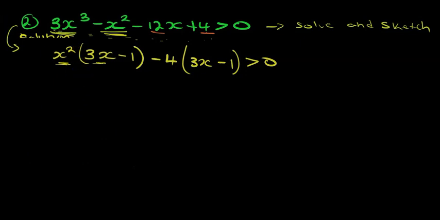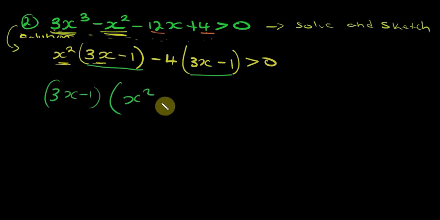Looking at this, we see that 3x minus 1 is common to both these terms. So we can factor out 3x minus 1. We have 3x minus 1 as a factor multiplied by x squared minus 4. Now you say, how did you get that? Well, our factor is 3x minus 1.